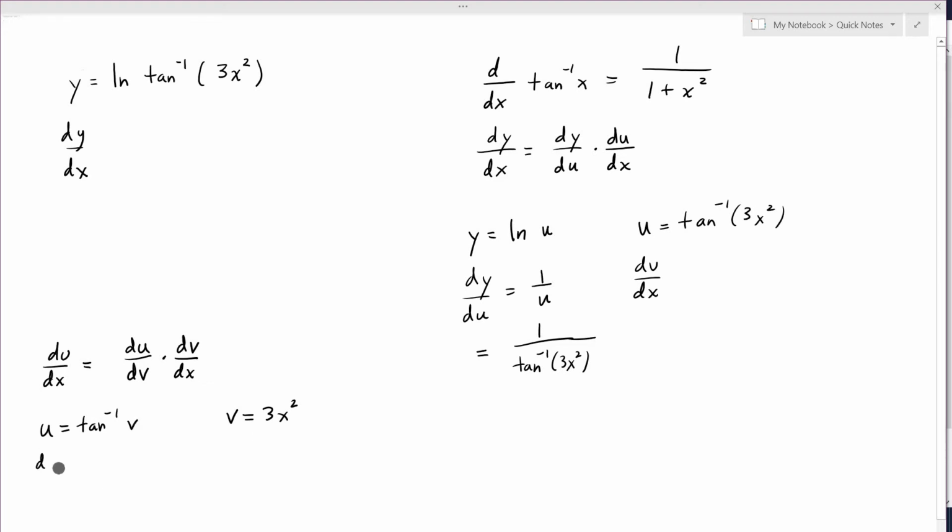Okay, now let's find du/dv, which will be the derivative of this function, which of course, by theorem 320, is simply 1 over 1 plus v squared.